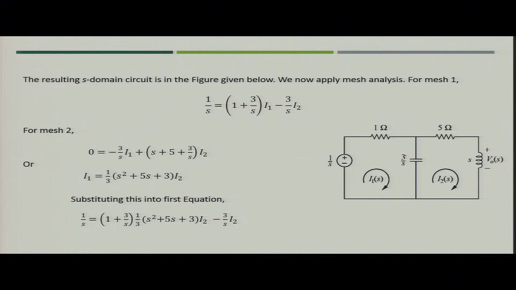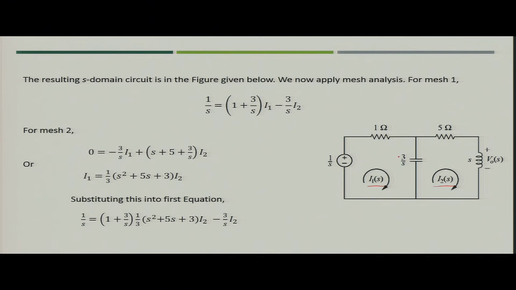Capacitor has now become 3 by S and inductor has become S, and we need to find out first the voltage across the inductor in S domain, and then we will convert it into time domain. Now, if you see the circuit, you can utilize the mesh analysis. Let us say that the current I1(s) is in loop 1 and I2(s) is in loop 2.